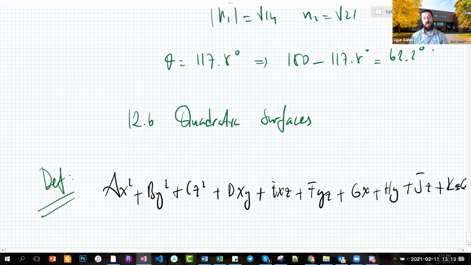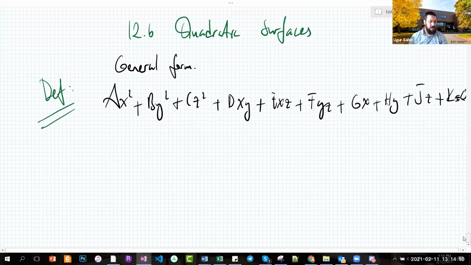This is the most general form of the quadratic equation in 3D space. But it is not easy to deal with this one. That is why the genius mathematicians did some rotation and then translations, guys. And we know that we can translate them into these.